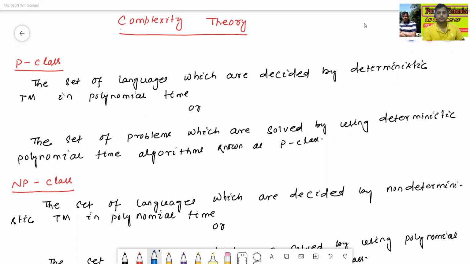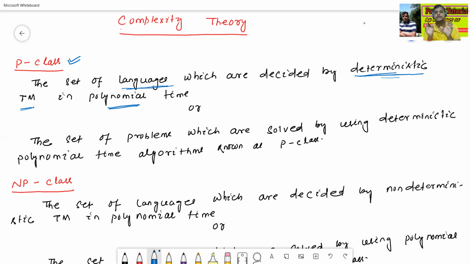Now we'll see the definition of what is the meaning of P class and what is the meaning of NP class. The first definition is P class. The definition of P class is the set of languages which are decided by a deterministic Turing machine in polynomial time.